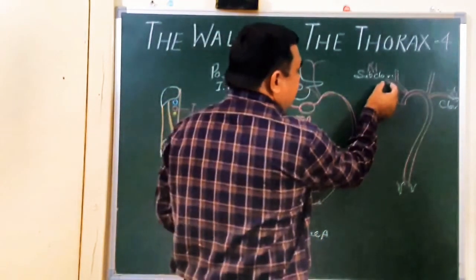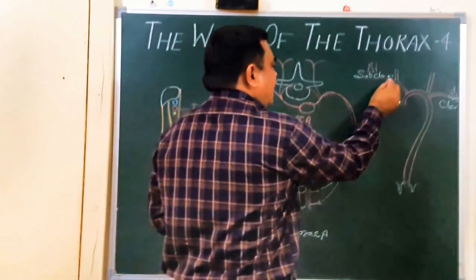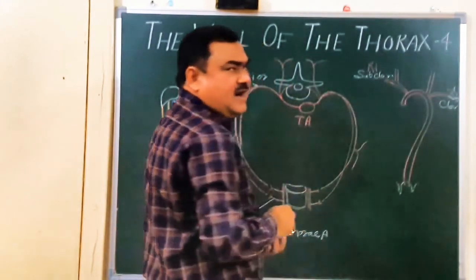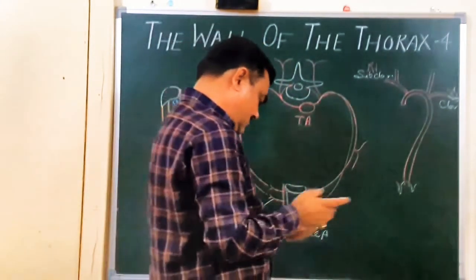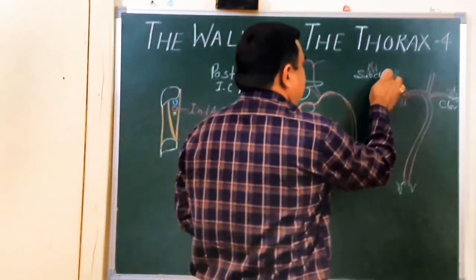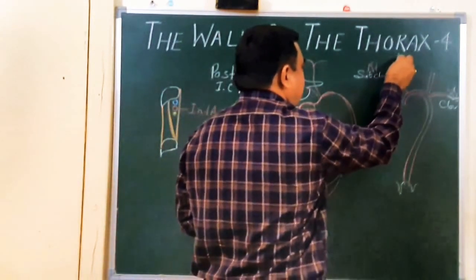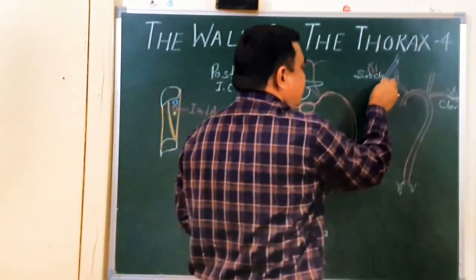This subclavian artery is divided into 3 parts by the scalenus anterior muscle. We'll discuss it later. Here lies the scalenus anterior muscle. It divides this artery into 3 parts.